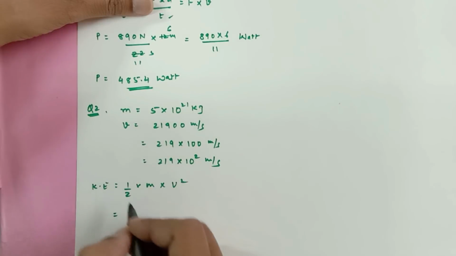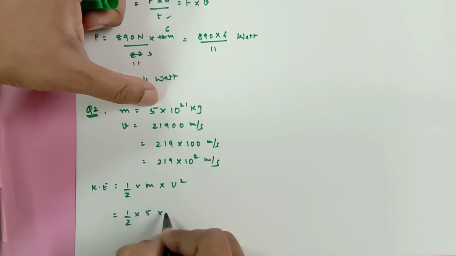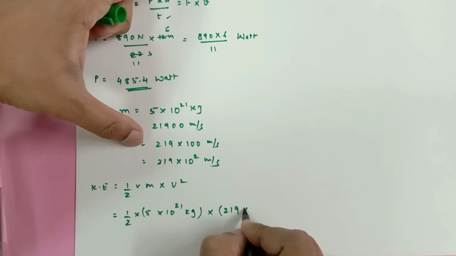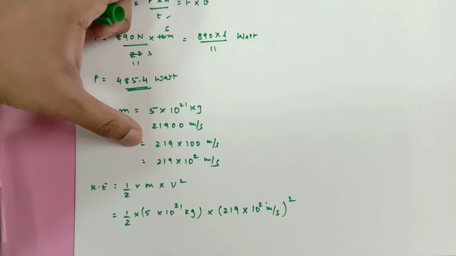V is the speed, and this is half into 5 into 10 raised to 21 kilogram multiplied by 219 into 10 raised to 2 meter per second the whole square.